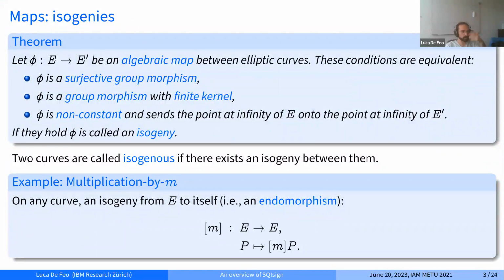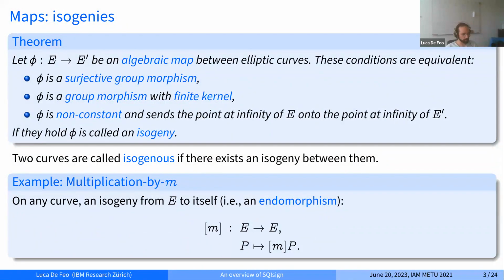And so in particular, it has finite kernel and is surjective. So any of these conditions is equivalent, and in any of these cases, we call this algebraic map an isogeny. And I will say the 2 curves are isogenous if there exists an isogeny between them. So that now we have a class.